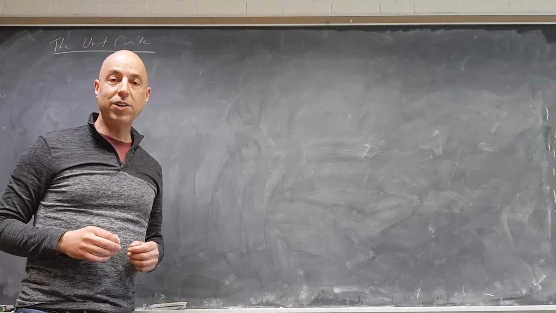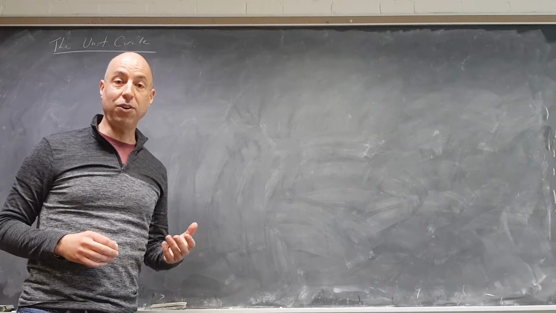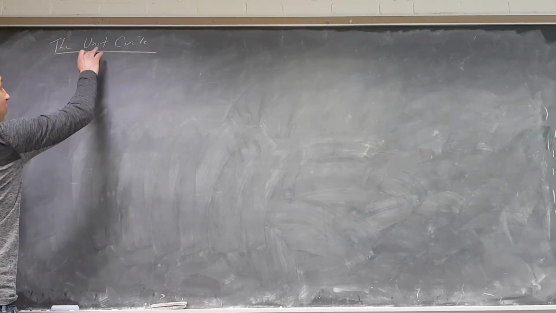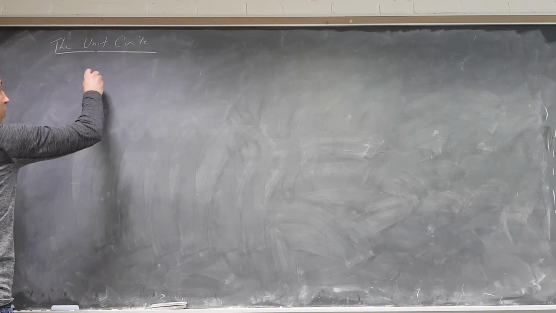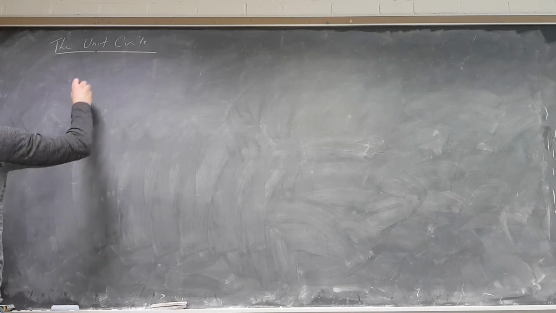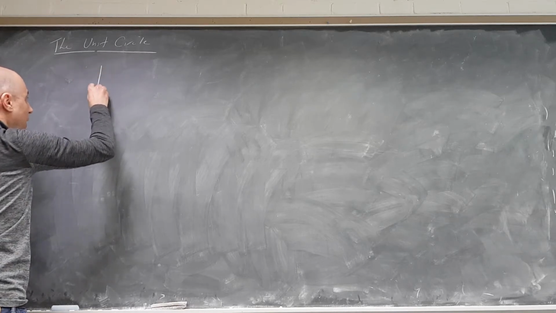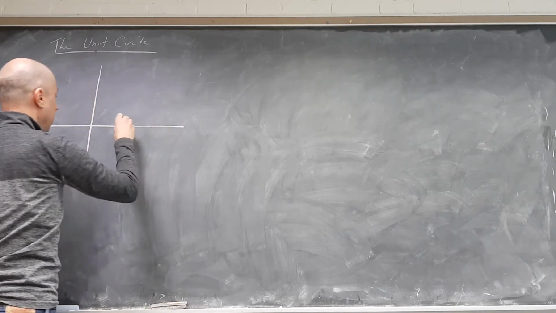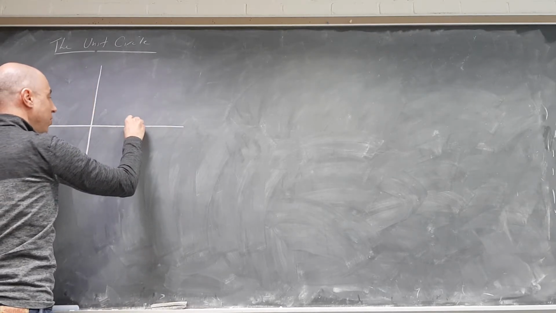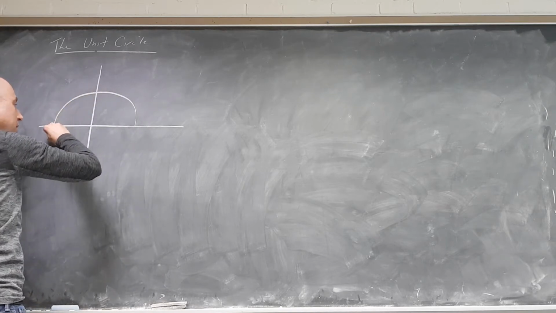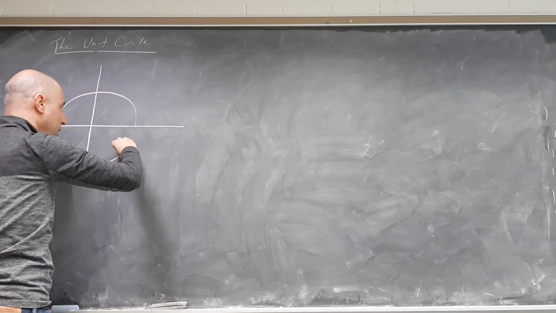So in this video, I want to talk about something called the unit circle and its relation to sine and cosine. Unit just means one, and so what we're talking about is a circle of radius 1 centered at 0, 0, the origin. So we have a circle centered at the origin on the xy plane whose radius is 1.